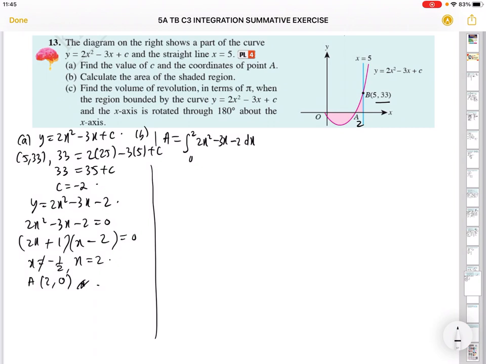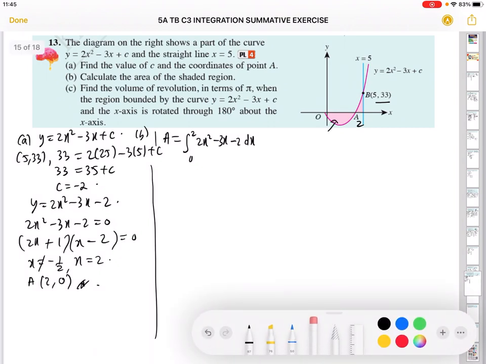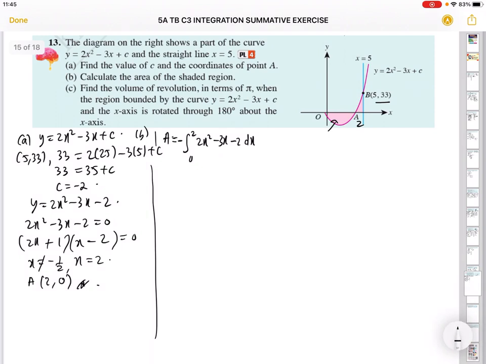So we need to put a negative in front, or you can put a modulus to make it positive. Then you add 2 to 5 of 2x squared minus 3x minus 2 dx. For me, I will just integrate one by one. Now this is 2x cubed over 3, 3x squared over 2, minus 2x, from 0 to 2, and you have to copy the same thing. This is not difficult, just copying only, right?